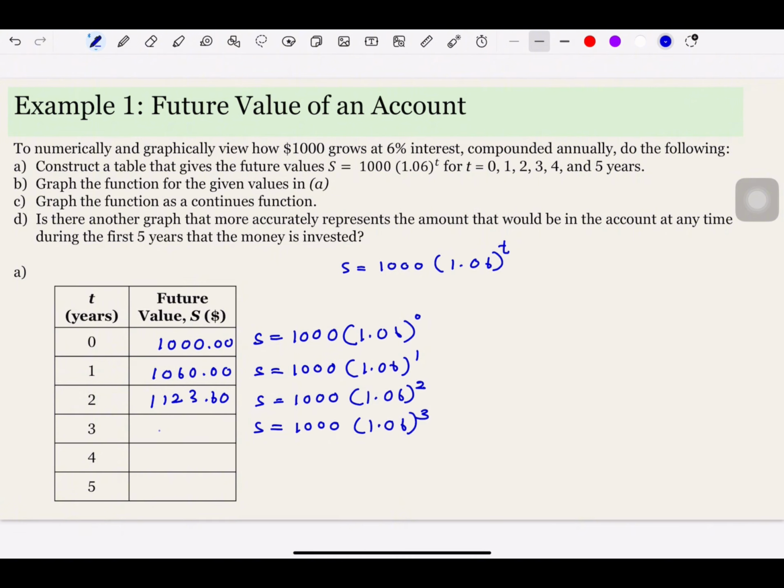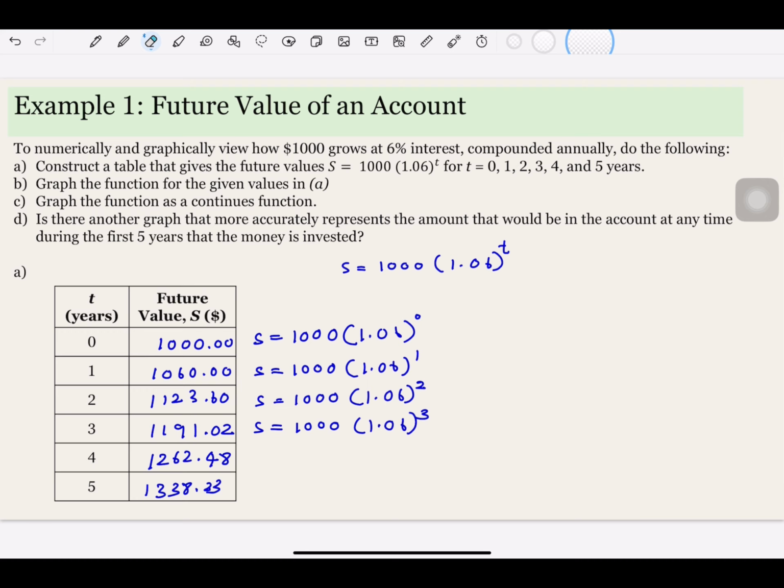That value is around 1,191.02. You can use your calculator to get these values. I'm going to give the other two values: around 1,262.48, and next, 1,338.23. So this table shows the future value for different t values from 0 to 5.